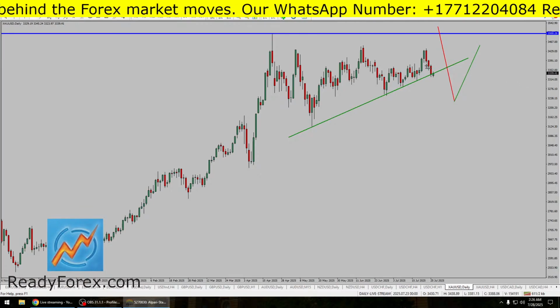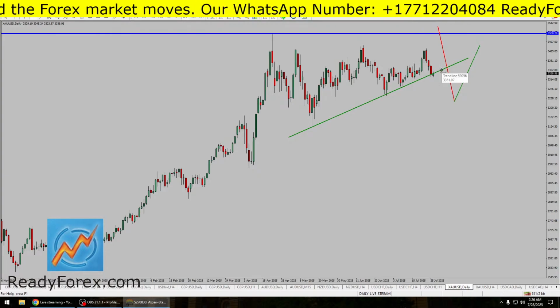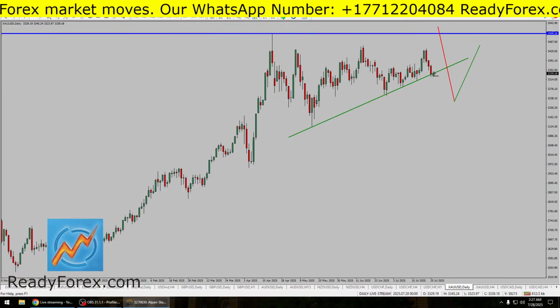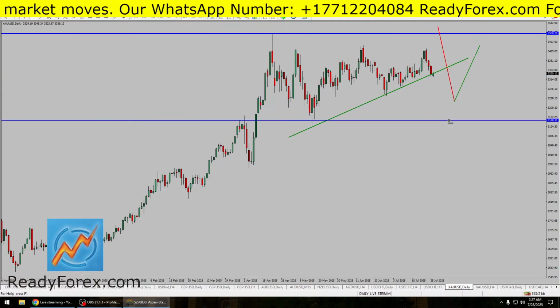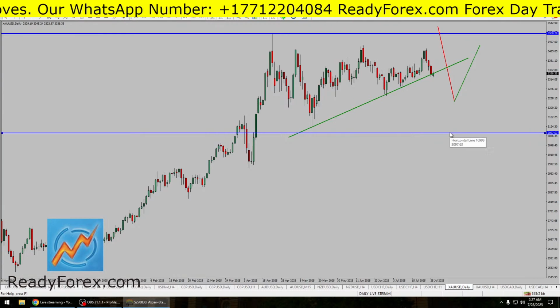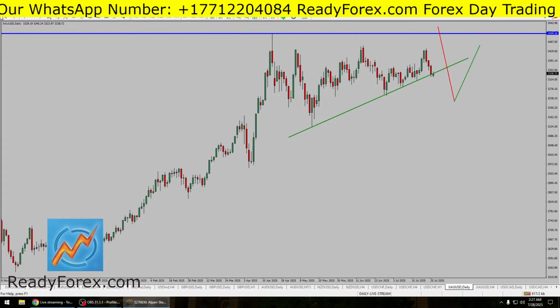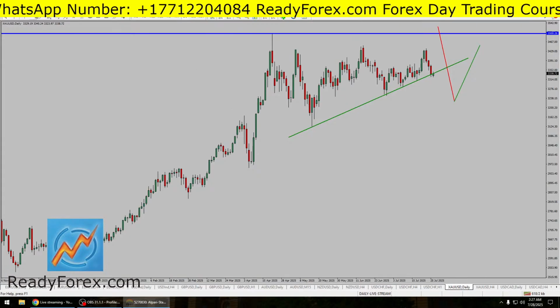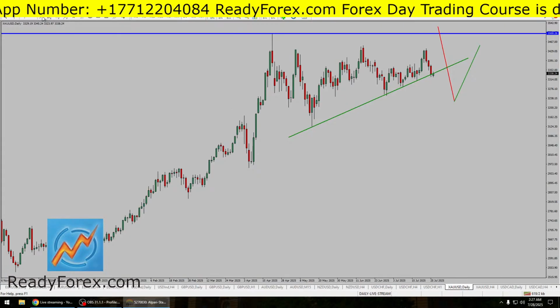In other words, it's quite possible that spot gold is probably going to drop. One second, let me show you the area.